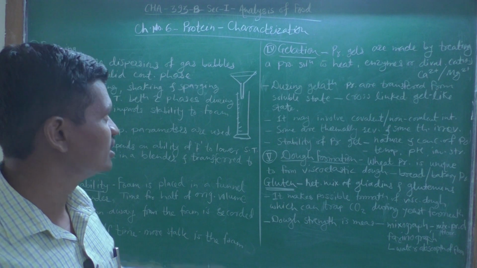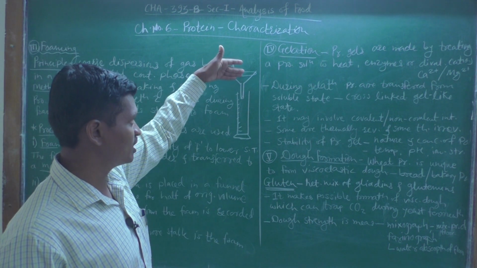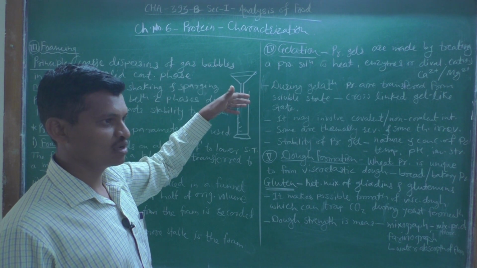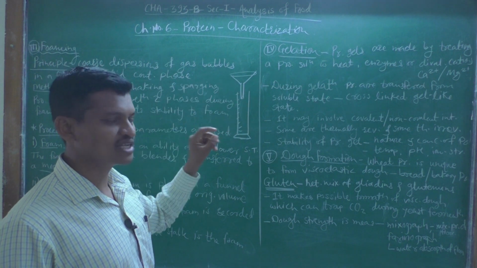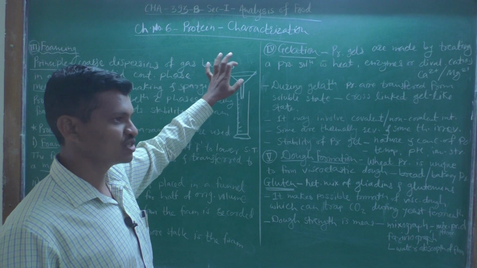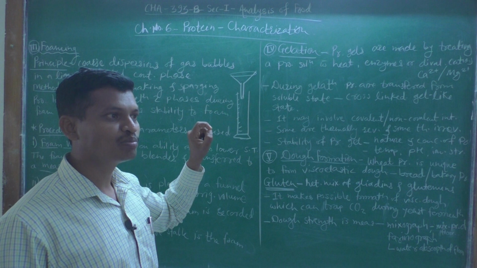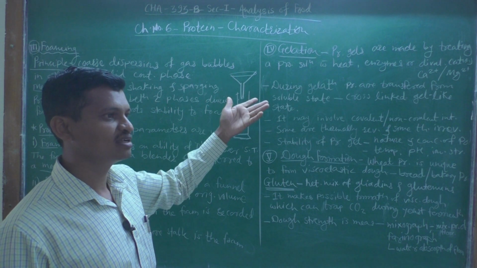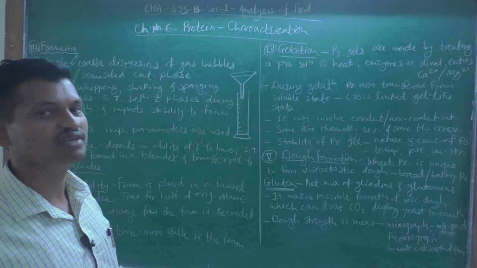It is very simple. Once the foam is prepared, it is placed over this funnel, and this funnel is taken over this graduated cylinder. Then measure the time required for draining this foam from this funnel to this graduated cylinder, and the half time, required for half the volume of that foam to drain, is recorded and is called T1 half.